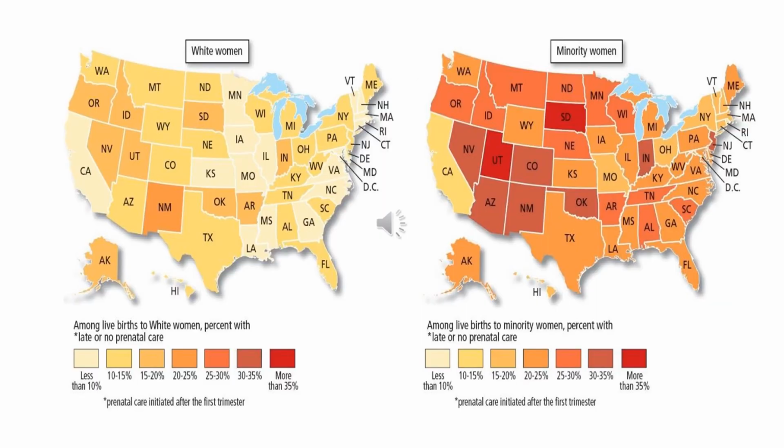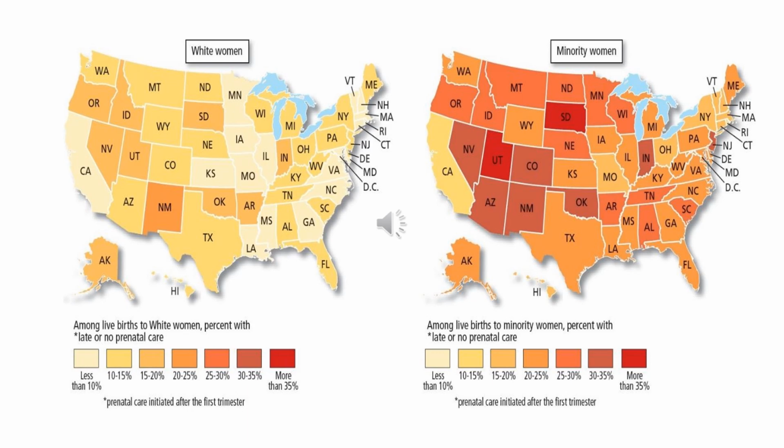Okay, so these maps show access to prenatal care by race and ethnicity in the United States. And so darker colors means late or no prenatal care, and light colors means better access to prenatal care.